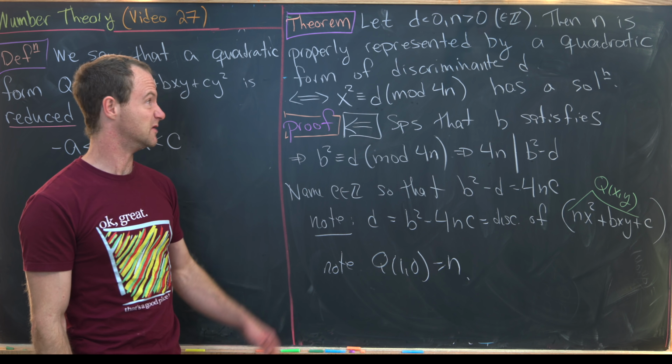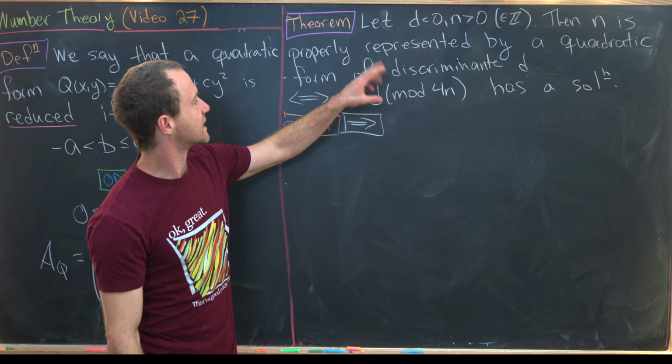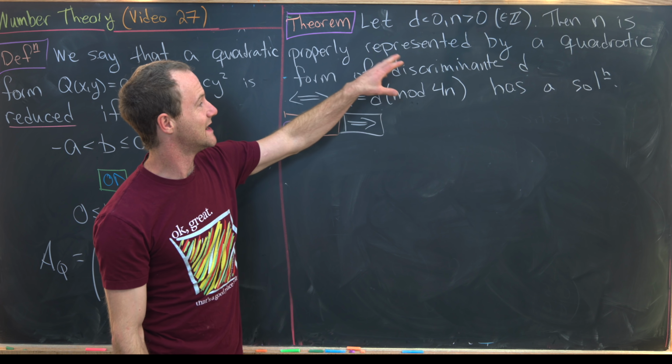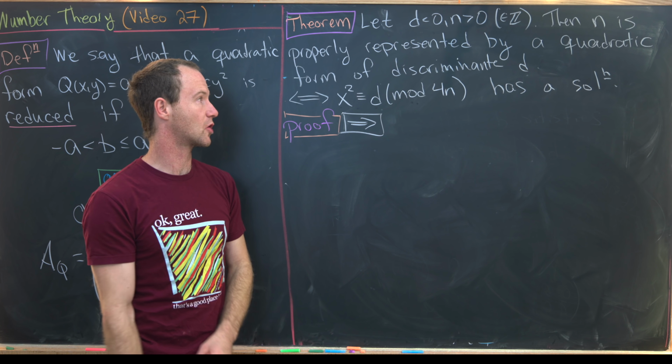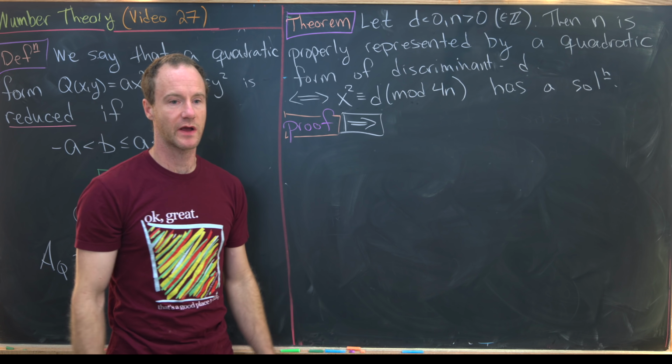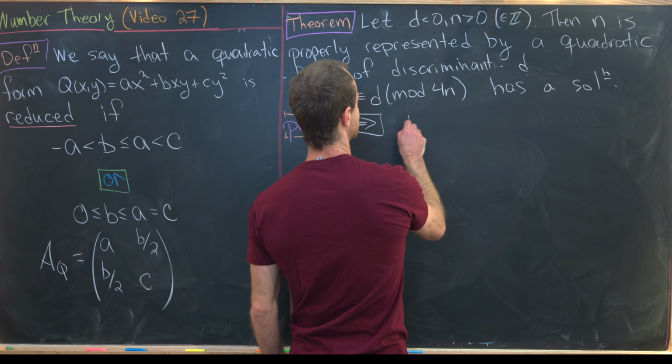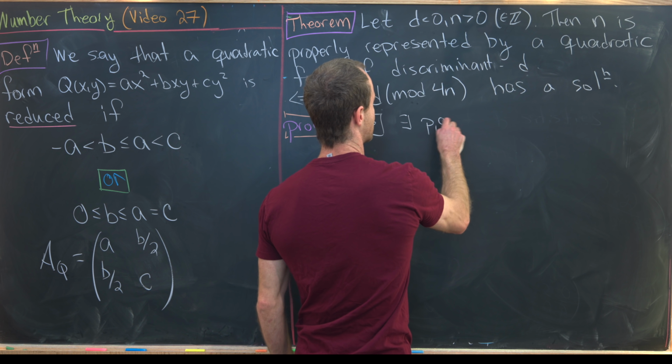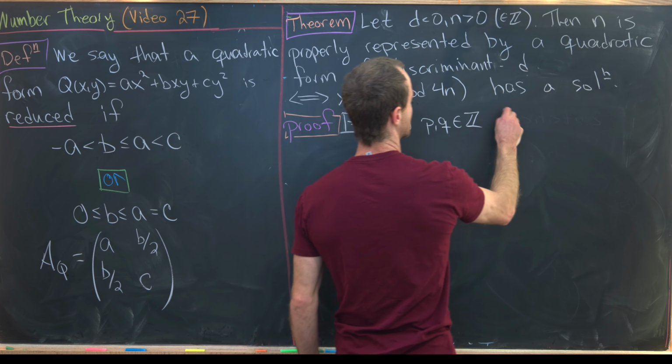Now we'll dive into the proof of the forward direction. So we're ready to look at the forward direction. So we're going to suppose that N is properly represented by our quadratic form of discriminant D. Okay, well, so what does that mean? That means there exist some numbers which I will call p and q, which are integers.